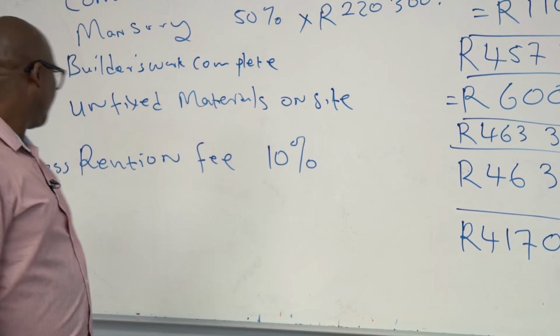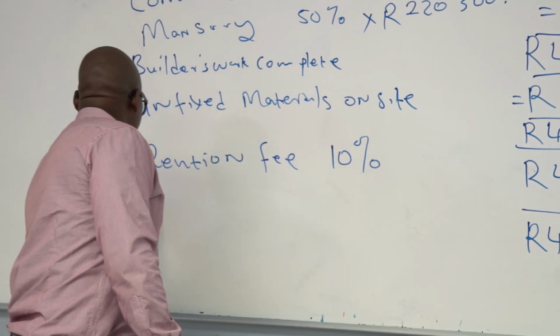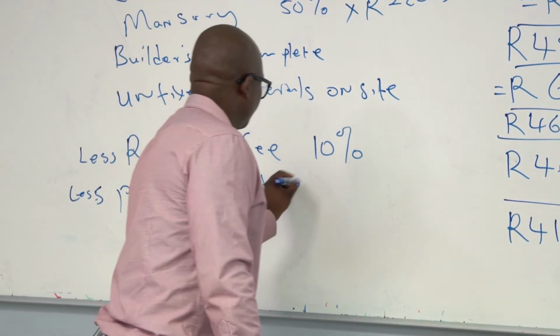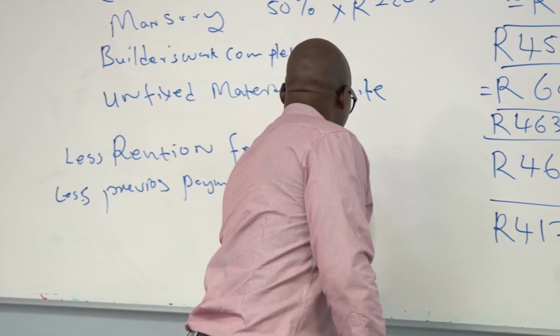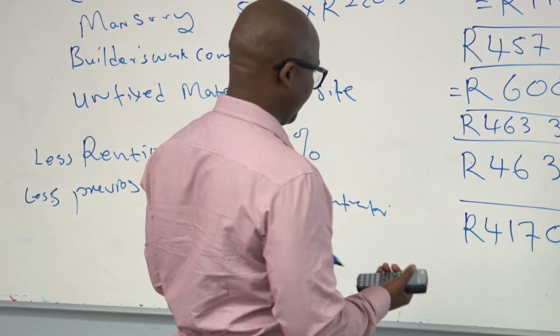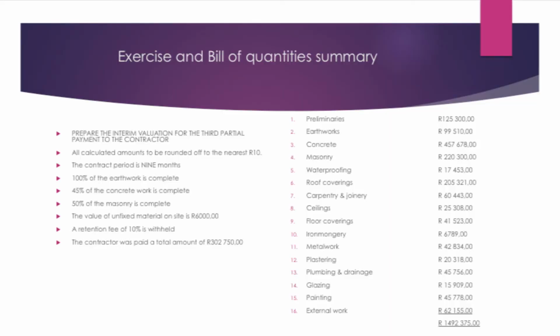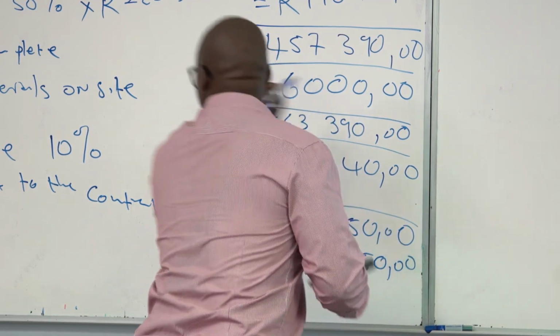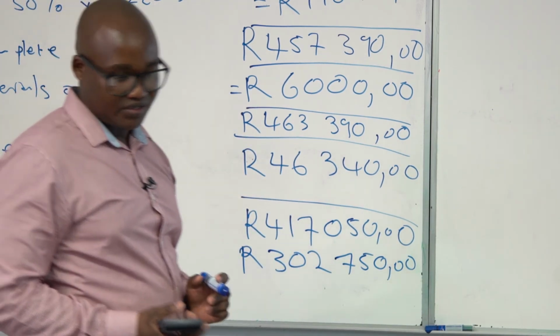So you will say less previous payment to the contractor, which is the amount allocated here in the exercise, which is 302,750.